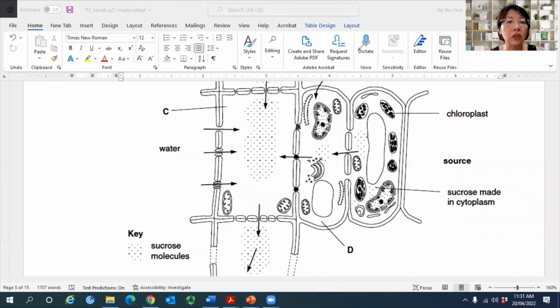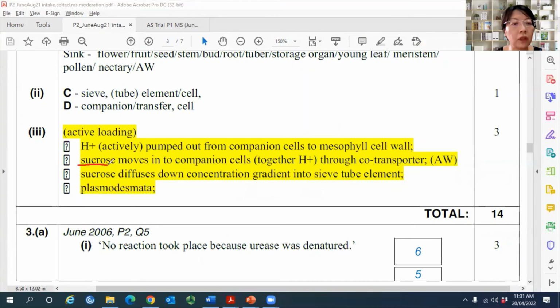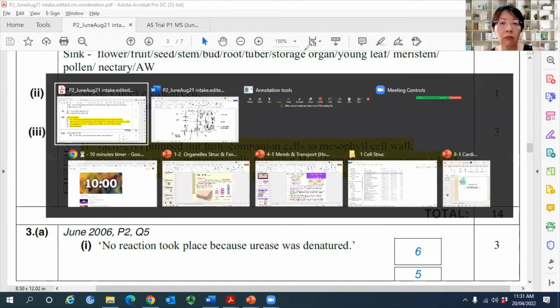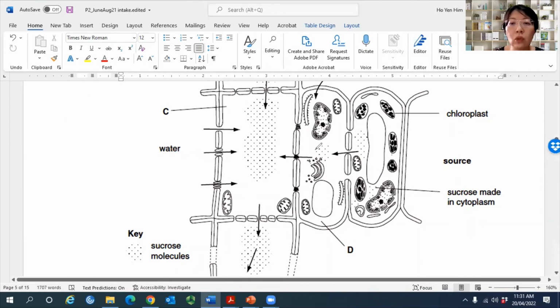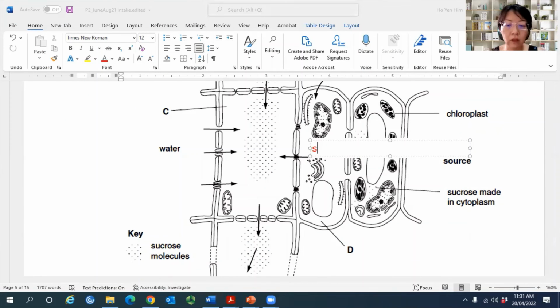So after that, sucrose is co-transported with proton into the cell, or you can say it's transported by a co-transporter. After that, sucrose diffuses down its concentration gradient into the sieve tube element through the plasmodesmata. So when sucrose is being transported into the cell by the co-transporter, its concentration will increase here.